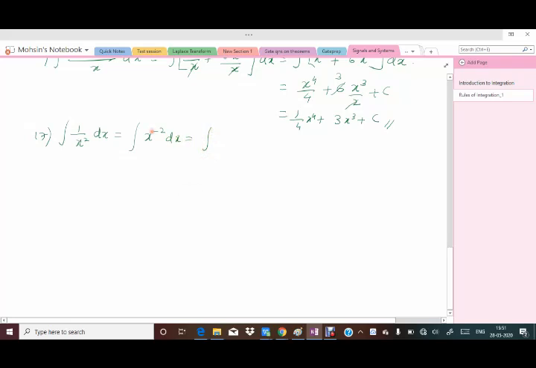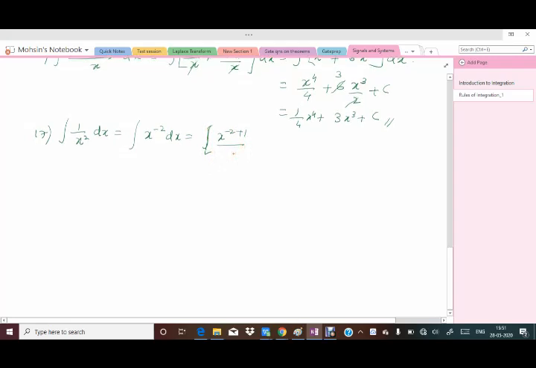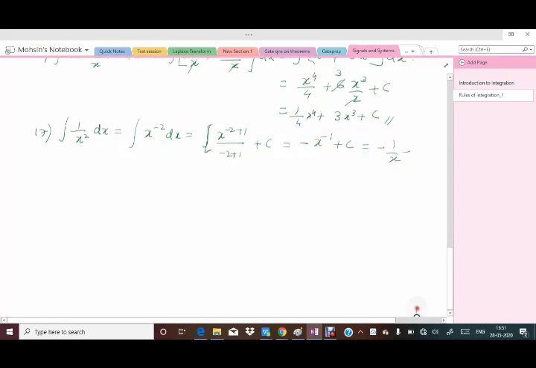Here n is minus 2, so minus 2 plus 1, and the simplification is x raised to minus 2 plus 1 over minus 2 plus 1 plus c. So this is going to be x raised to minus 1 in the numerator, and in the denominator also minus 1, so I can write it as minus x raised to minus 1 plus c, or minus 1 by x plus c. Okay, so what we are going to get is minus 1 by x plus c.